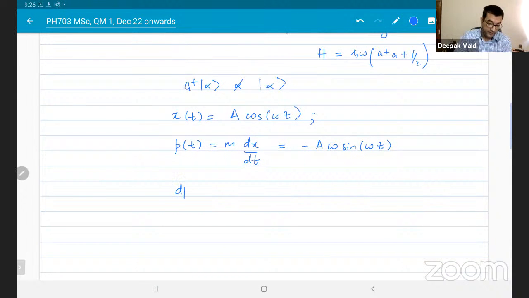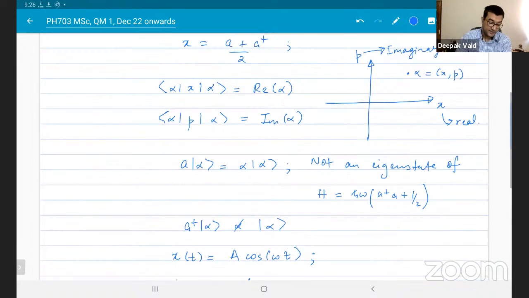Now if I take dp by dt, you get minus A omega square cosine omega t. I can write this as minus omega square x of t.